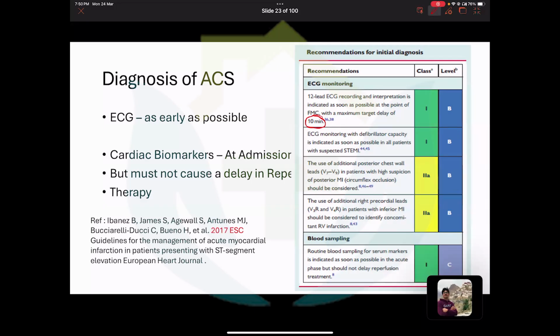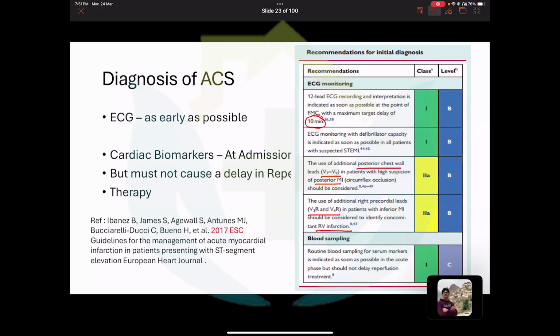If you want to assess the posterior chest wall, you have to put in V7, V8, V9, if you suspect a posterior AMI. If you suspect a right ventricular infarct, you have to put in V3R and V4R also. But these are practically not done, right?